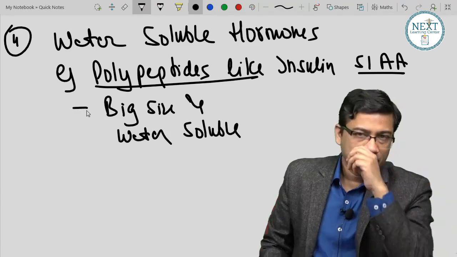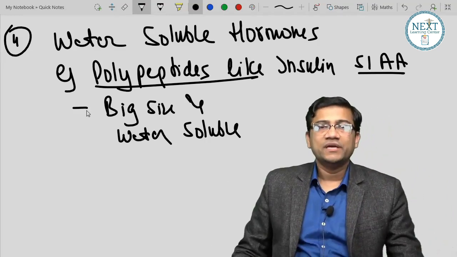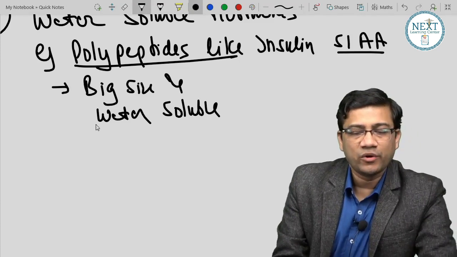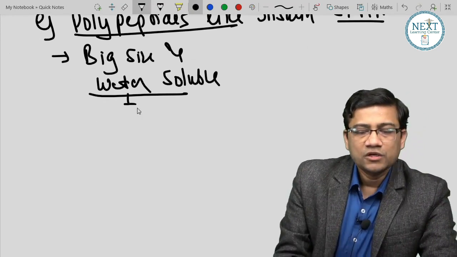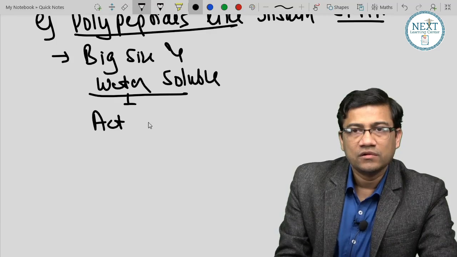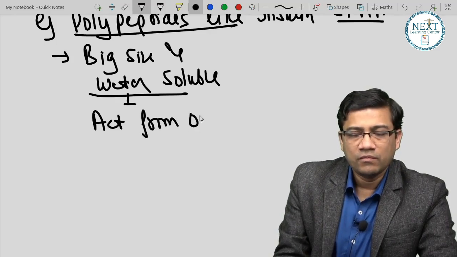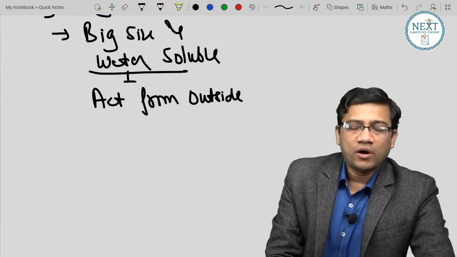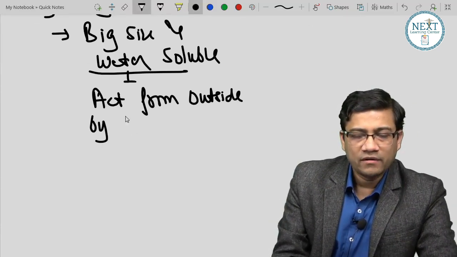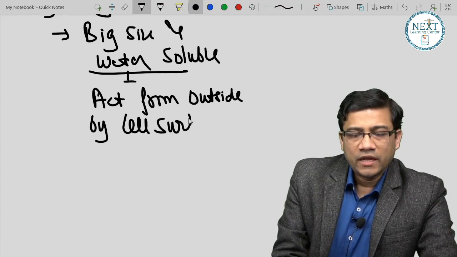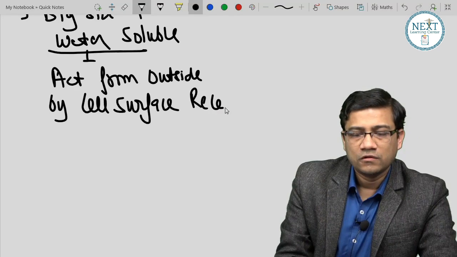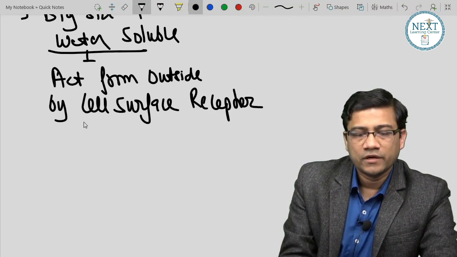So the solution to this problem is they don't enter the cell like this. What are they going to do? They act from outside by cell surface receptors. Okay.